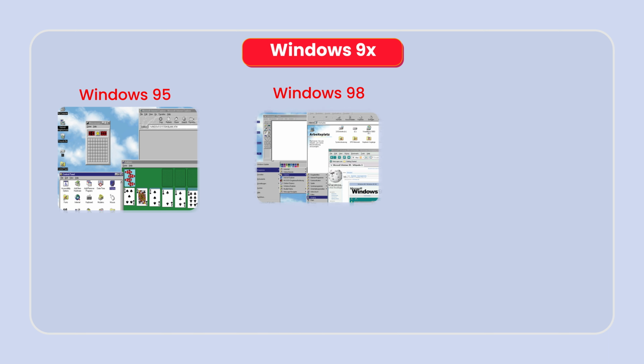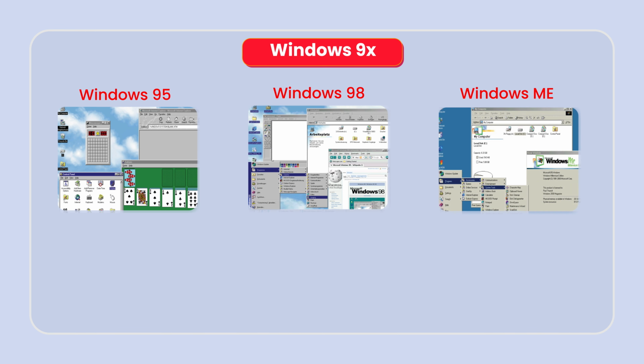Windows 9X. Features Windows version 9X, Windows 95, Windows 98, and Windows ME. Windows 95 was released on August 24, 1995, and had the following added improvements. Introduced support for native 32-bit applications.